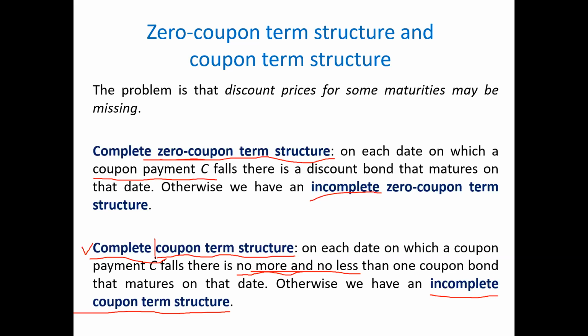Okay, let's now move to complete or incomplete coupon term structure. So this one. And again, I will ask you the same question. So what about this structure? What do you think? Does the UK have a complete or incomplete coupon term structure? Again, you can refer to that file, or it can be just your guess.